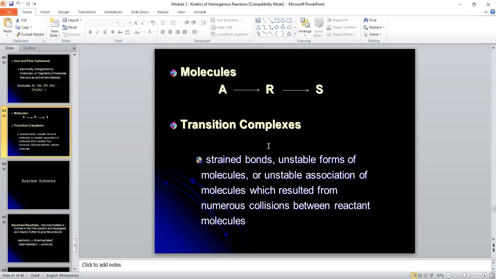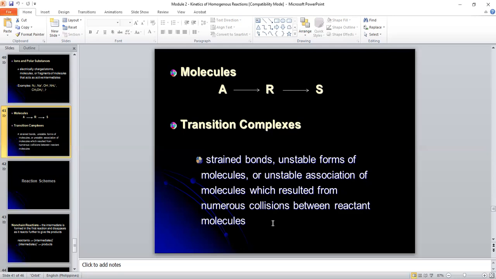Now, we also have transition complexes as intermediates, and these are strained bonds or unstable forms of molecules or unstable associations of molecules which result from numerous collisions between reactant molecules. They are called transition in the sense that they are just transitioning from one form to another.